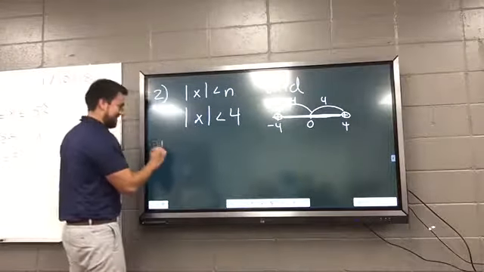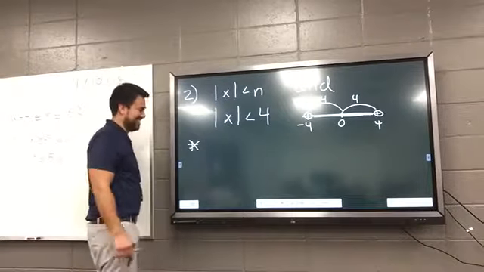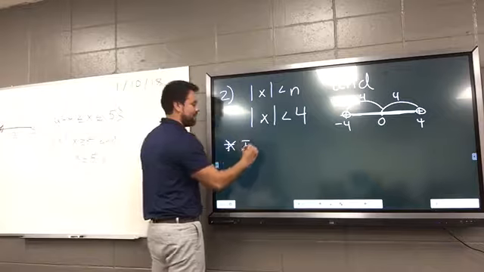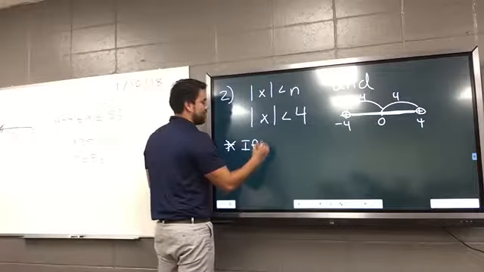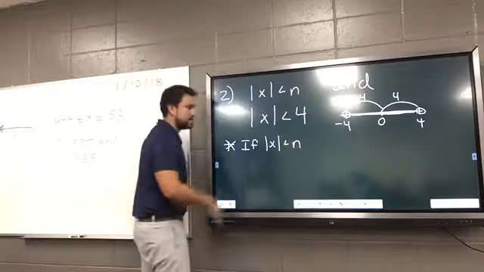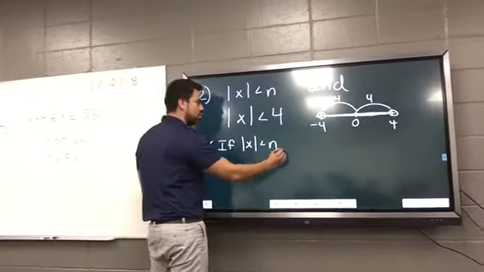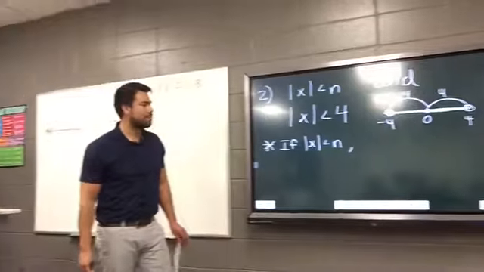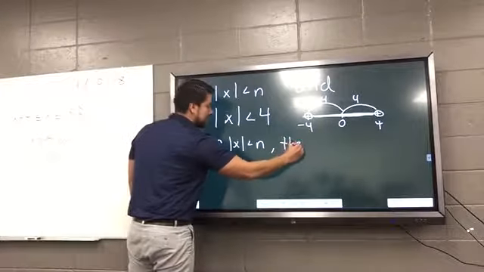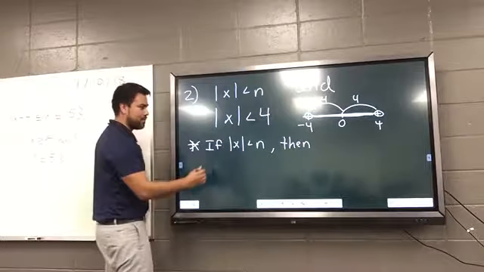Where was I here? Oh, yeah. You're in the asterisk thing. Yeah, let's go with the asterisk. If the absolute value of x is less than n, so this is like an important note, use this for your problems. If the absolute value of x is less than n, then it is an and, but you can write it this way.